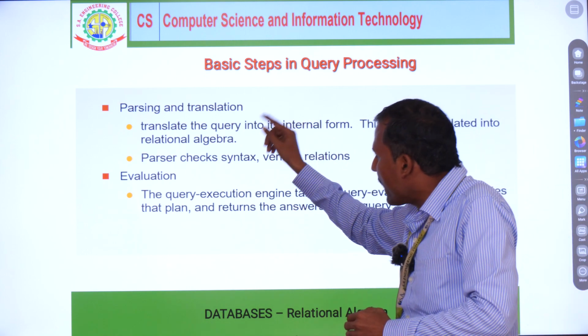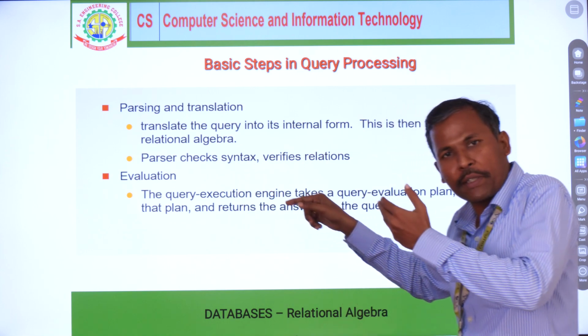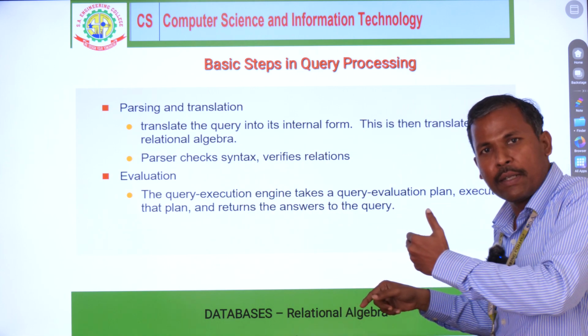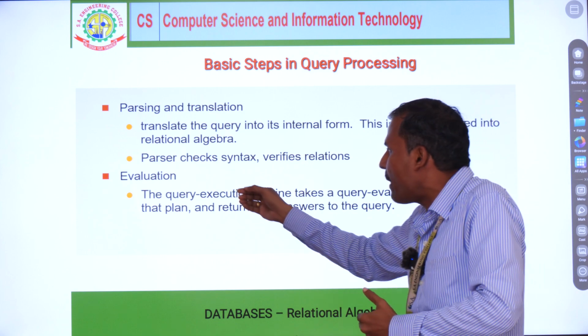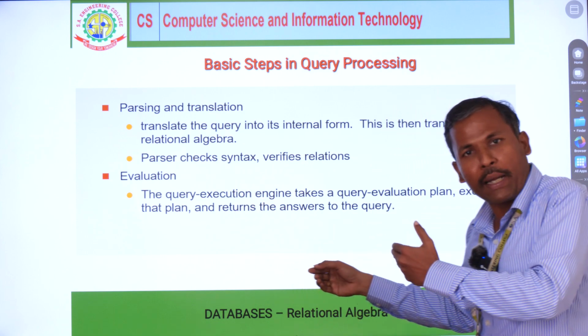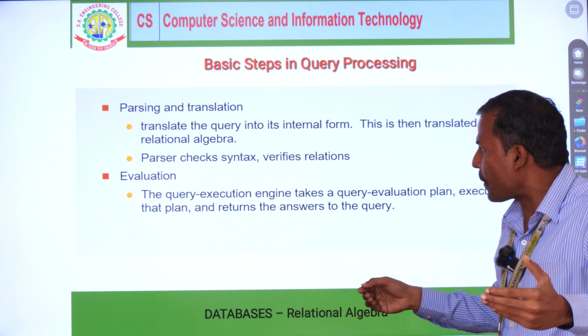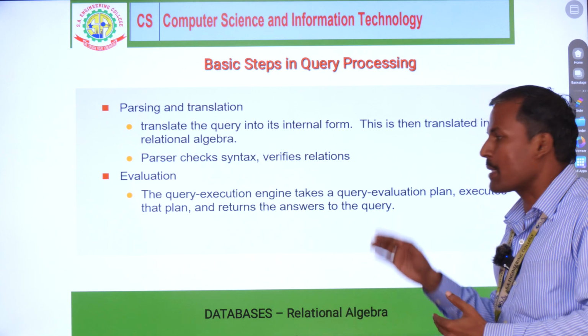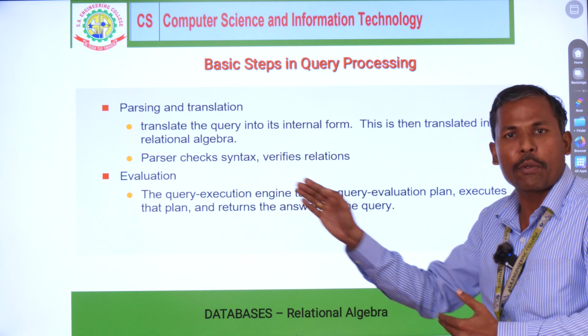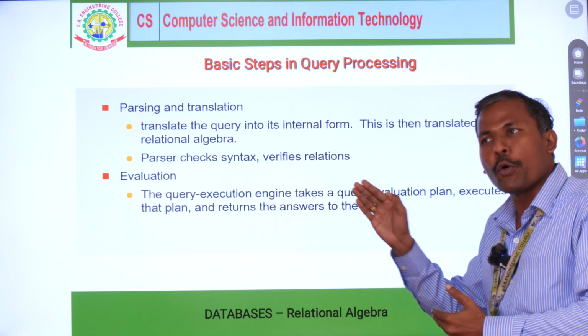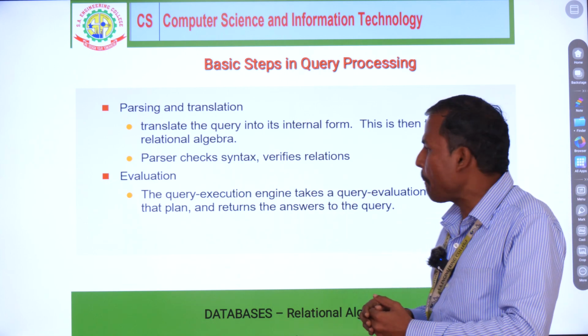Next, the relational algebra expression is given as input to the optimizer, and the optimizer develops a query evaluation plan. The query evaluation plan is given as input to the query evaluation engine, and it gives the output by retrieving the data from the database. These are the steps involved in query processing. This is required to know more about relational algebra.